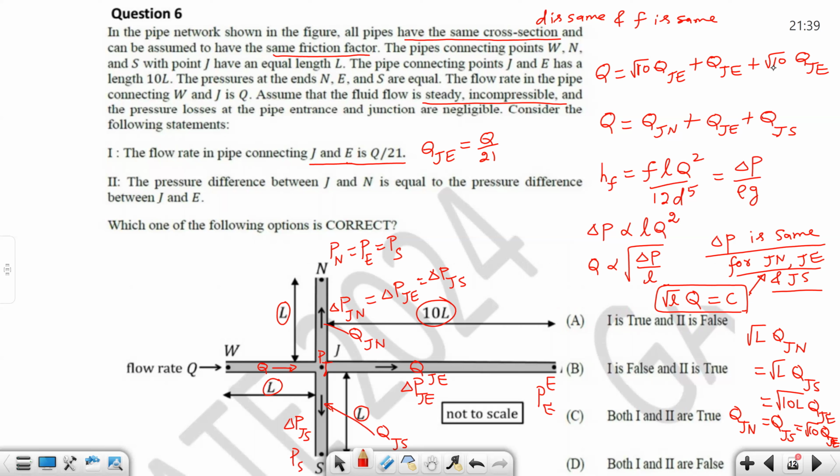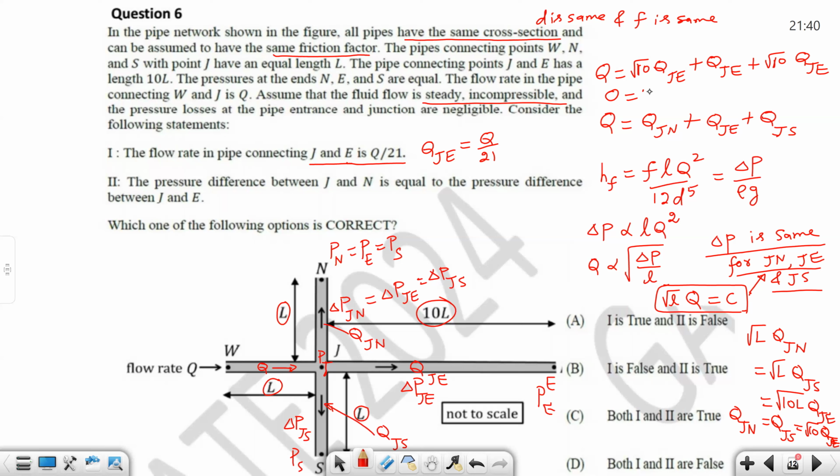Now this will be root 10, 3.16, so 3.16 plus 1 plus 3.16 gives 7.32.